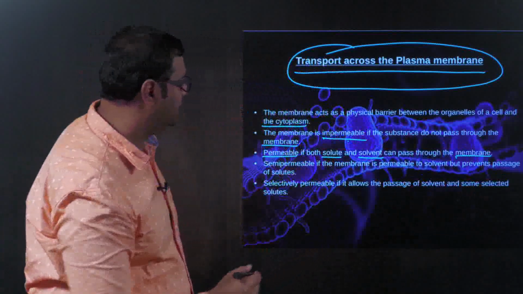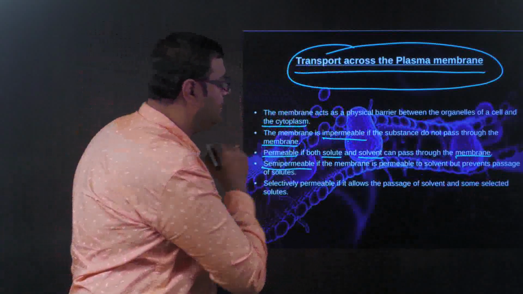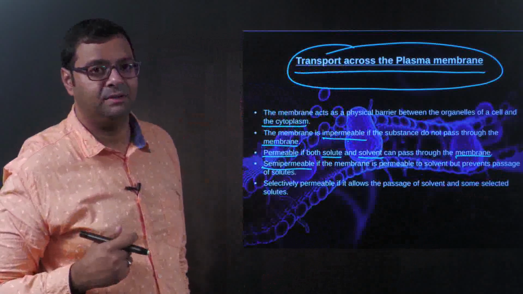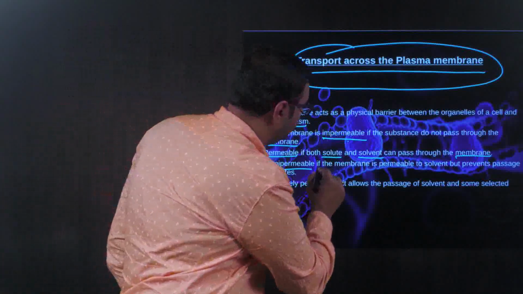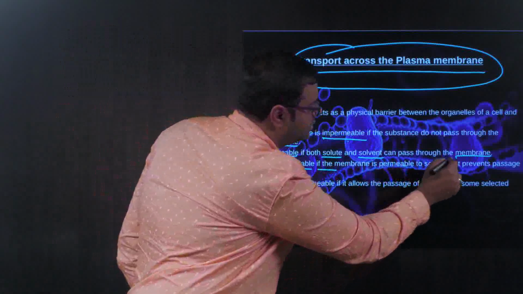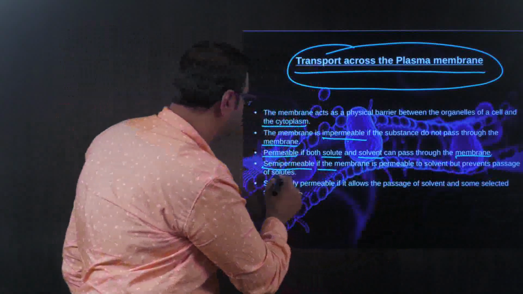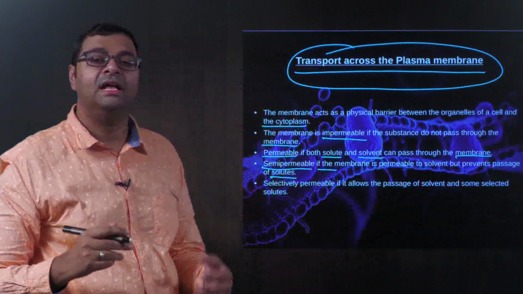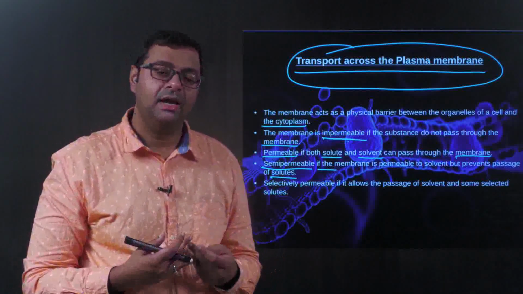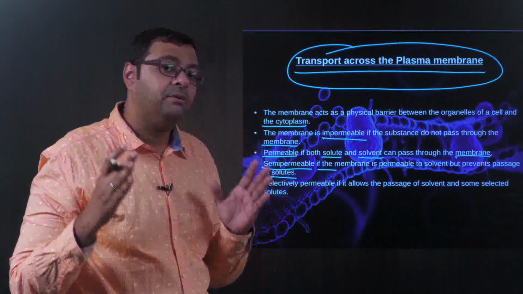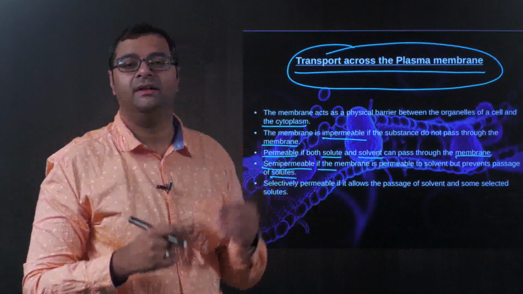Now the next one is semi-permeable. What does semi-permeable mean? The membrane is permeable to the solvent but prevents passage of solutes. So it will allow the solvents to enter into the cell, and it will not allow the solutes to enter into the cell.